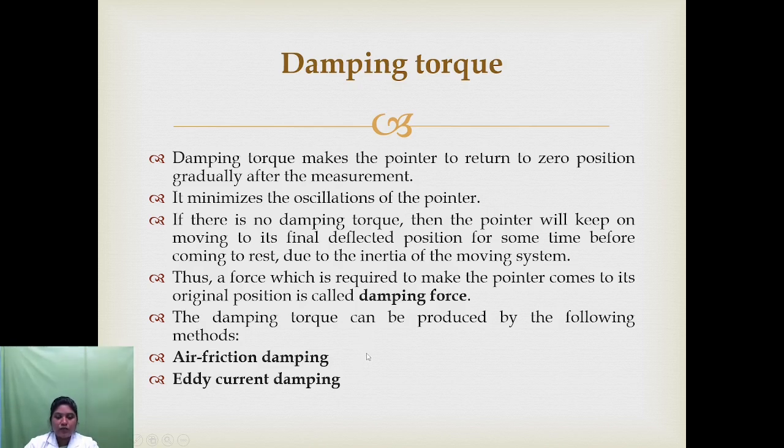If there is no damping torque, the pointer will keep on moving around its final deflected position for some time before coming to rest. This happens due to inertia, so it will not come to the rest position. In order to prevent oscillations, damping torque is necessary.